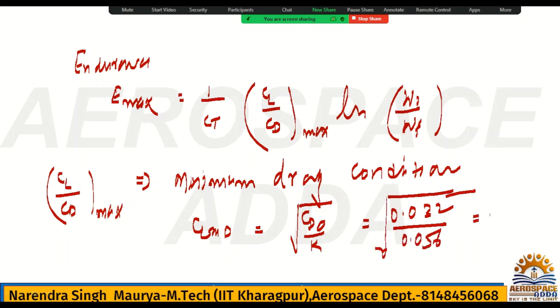If you calculate 0.032 divided by 0.056 and take the root of it, you will get 0.75. Now what is the CD at minimum drag? It is 2 CD naught, 2 into 0.032. How much? It is 0.064. You keep the value here.